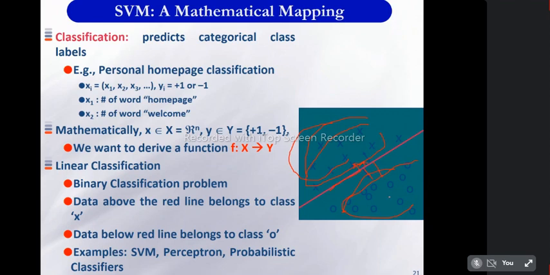The distance between different elements within a class should be short. So the distance between classes should be large. The distance between elements within a class should be small. That is the principle of SVM classification.